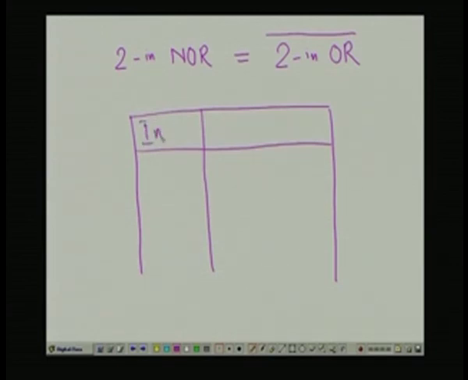My inputs are similarly A and B, and the outputs are the output for OR and the output for NOR.